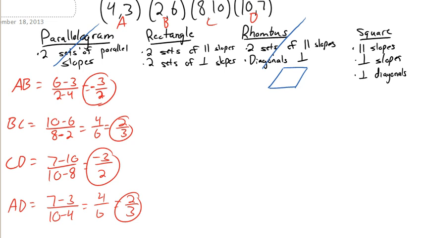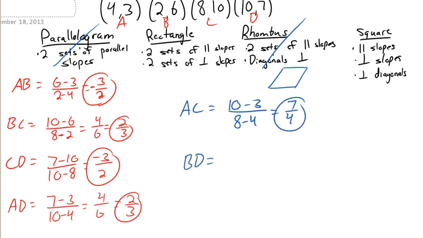So our diagonals are going to be AC and then BD. So AC's diagonal, let's take a look at it. 10 minus 3 over 8 minus 4, so we have 7 over 4. Let's see what BD looks like. We have 7 minus 6 over 10 minus 2, which is going to give us 1 over 8, or we would just leave it like that.